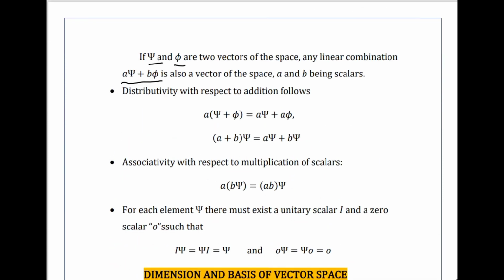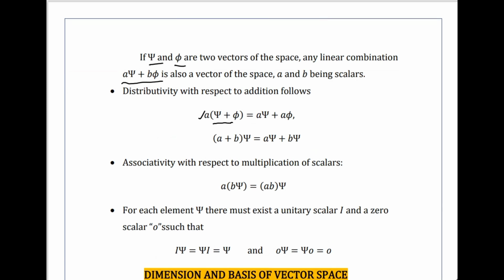Distributive with respect to addition, a is a scalar and psi plus phi is a vector. This can be written as a psi plus a phi. Another case is possible. A and b are the scalars, we are taking addition first and taking product with state vector psi, then you will get a psi plus b psi. Associative with respect to multiplication, a(b psi) is equal to (ab) psi.